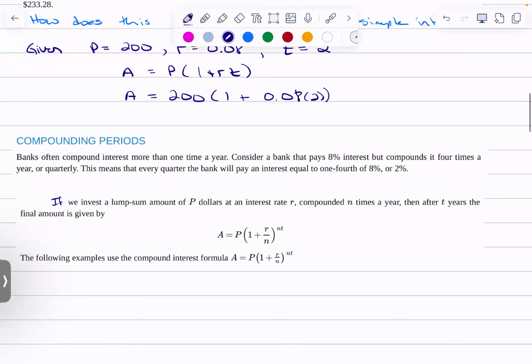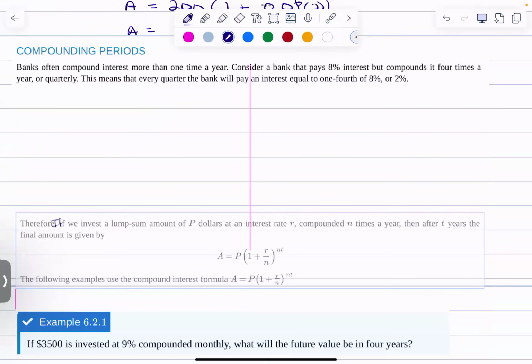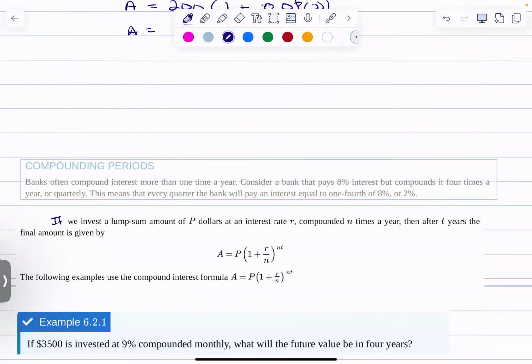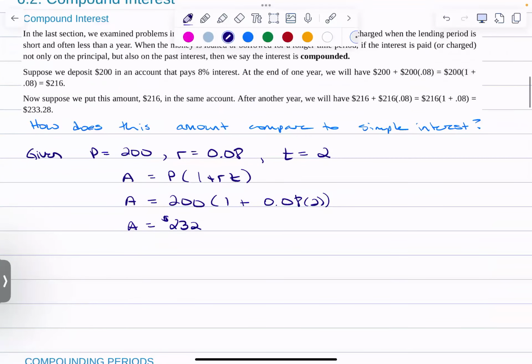I get an accumulated amount of 232 even. Oops. Nice. So compound interest works in our favor, especially if we're saving money, right?